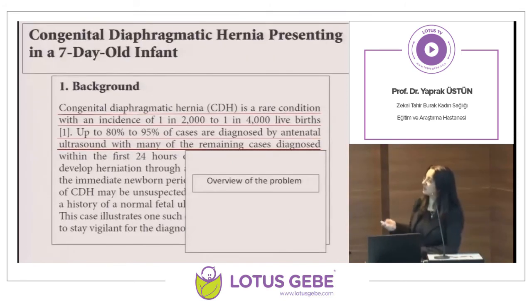When we look at an example, the title: Congenital Diaphragmatic Hernia Presenting in a 7-day-old Infant. You see, congenital diaphragmatic hernia is described here as a rare condition. Its incidence is given here. This is an overview of the problem. You should put it at the beginning of your introduction, the background part.